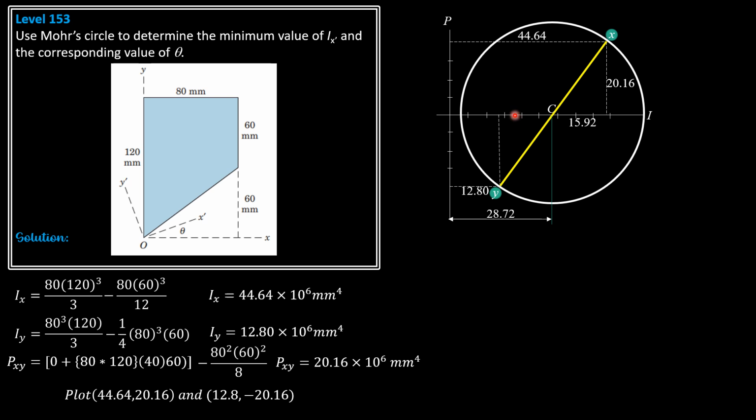Then from the x-axis to the x prime axis, which is here, we can compute the minimum value of Ix prime. We'll call that 2 theta. And before that, we compute the angle here, and we will call that alpha.